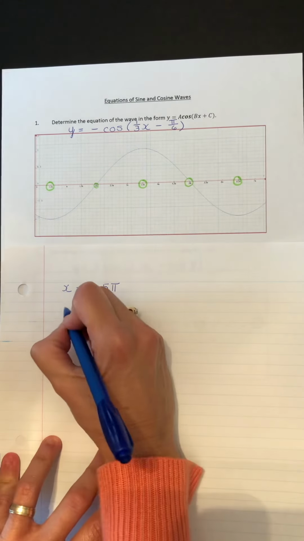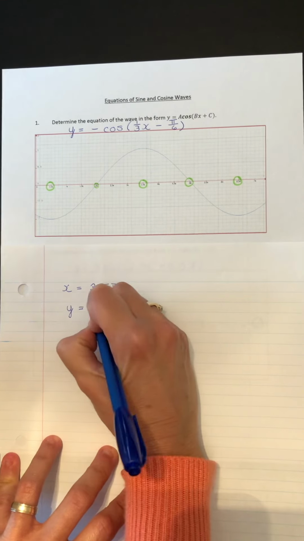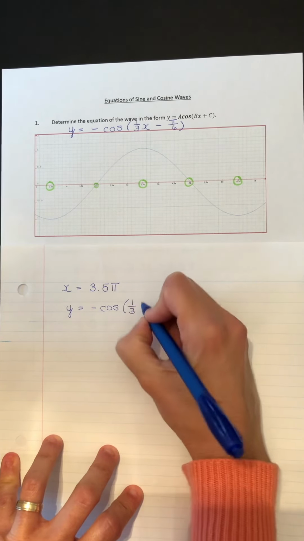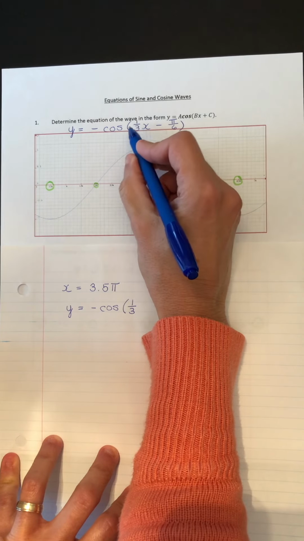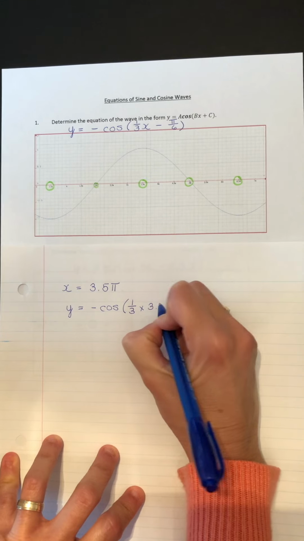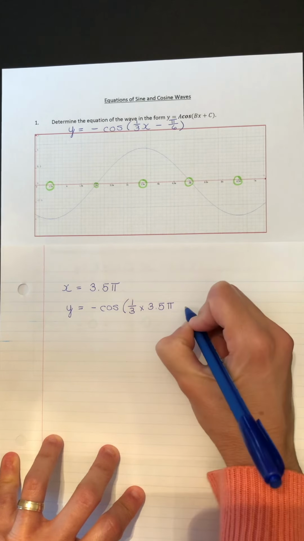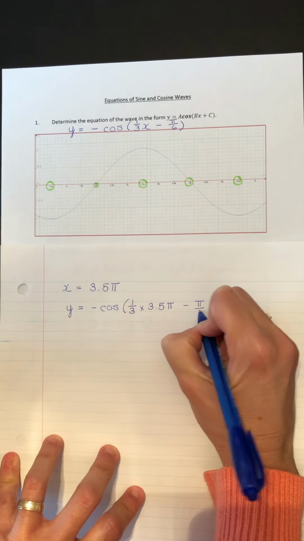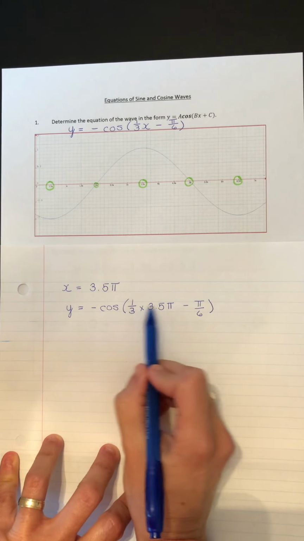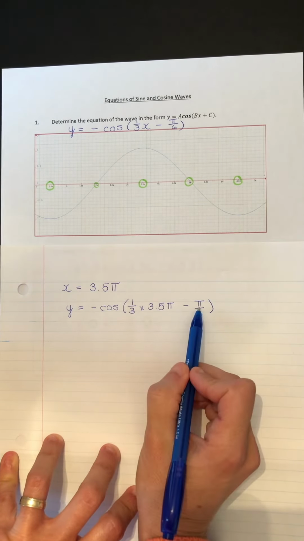So then what will we get? Well, we'll get negative cosine of 1/3, and this, of course, implies multiplication, so 1/3 times 3.5 pi minus pi over 6. So perhaps I can simplify this, all right?